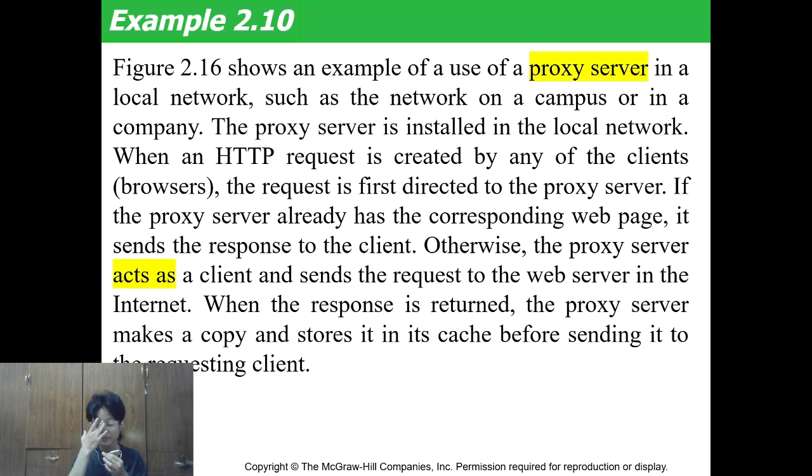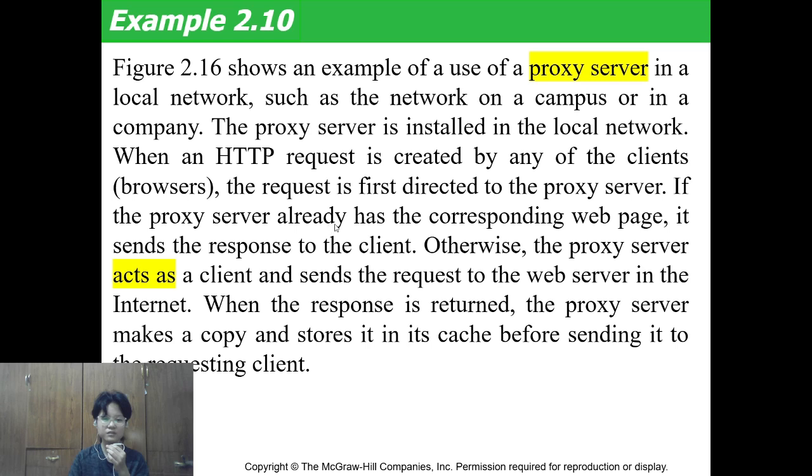Example 2.10. Picture 2.16 shows an example of the use of a proxy server in a local network, such as the network on a campus or in a company. The proxy server is installed in the local network. When an HTTP request is created by any of the client browsers, the request is first directed to the proxy server.